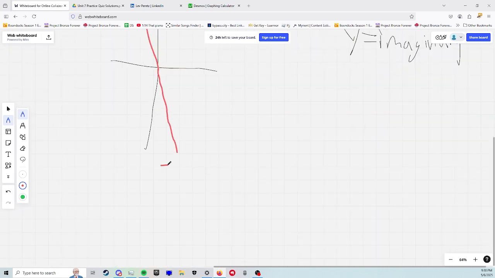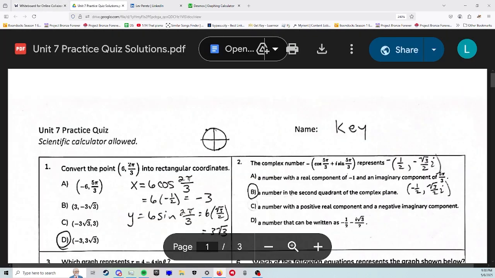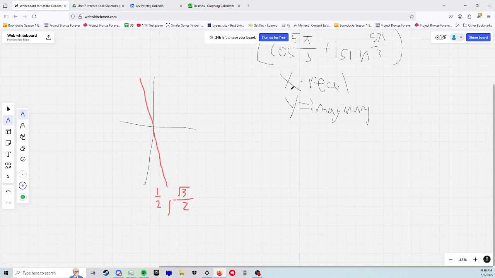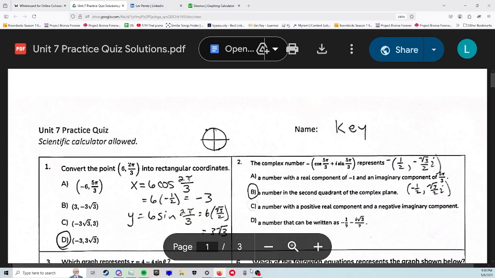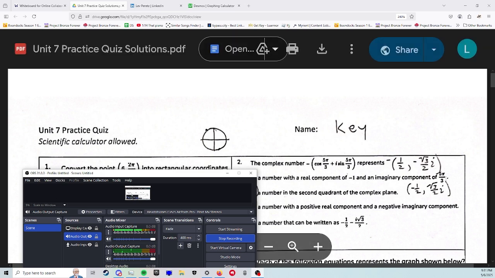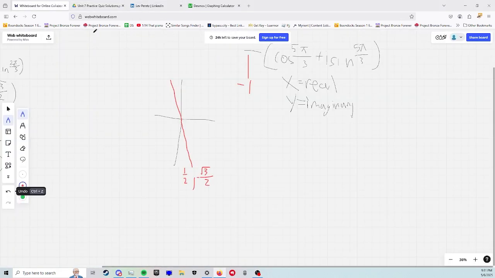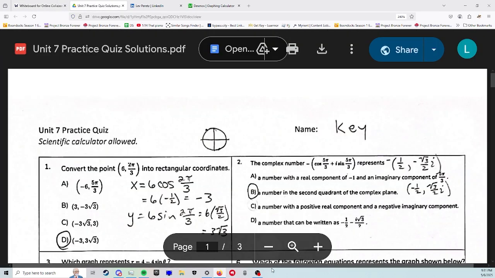If we're switching the signs on that, it's 1/2, negative root 3 over 2. And because we know this is negative 1, you're just making that negative. So is that a component of negative 1 with imaginary component of 5 pi over 3? No. This is what it would look like.